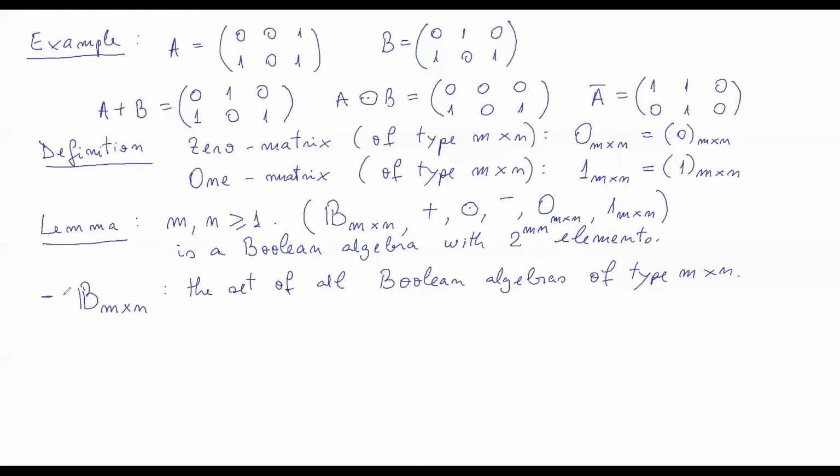To prove it, you just have to check all the properties B1 to B10 in the definition of a Boolean algebra, but all of them collapse to checking similar properties for the Boolean algebra B2. So it's just a simple check that all the properties for matrices collapse to the similar properties of B2. Nothing really too sophisticated to prove in this respect.